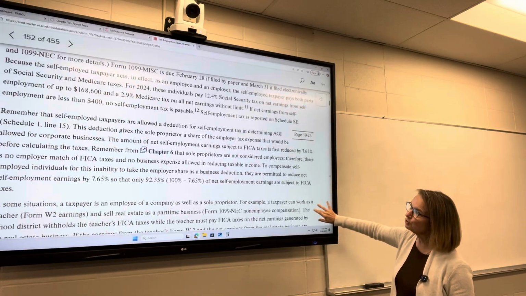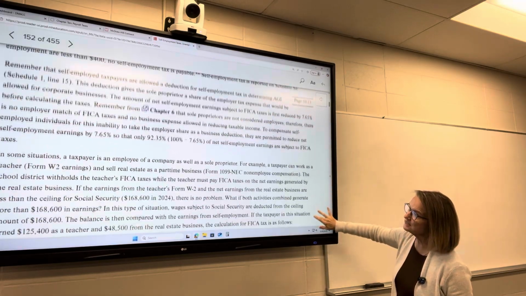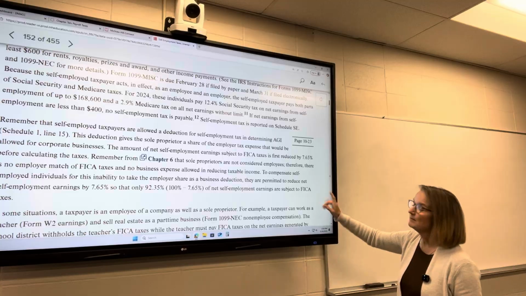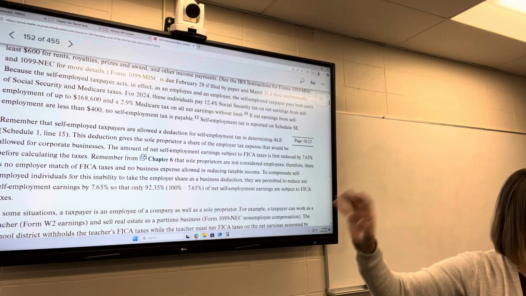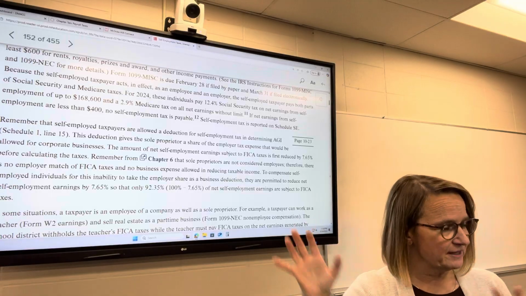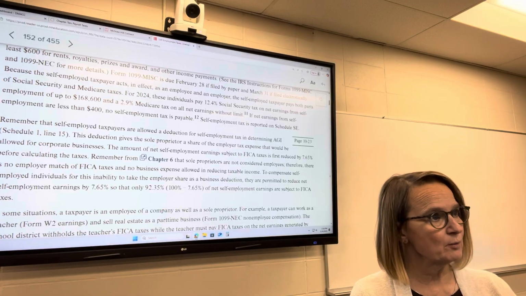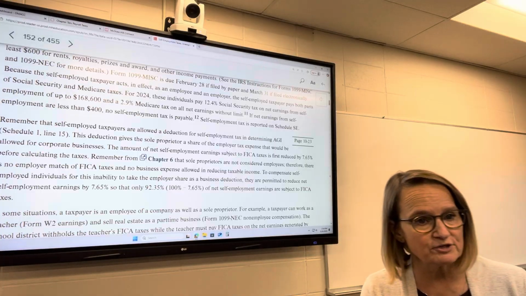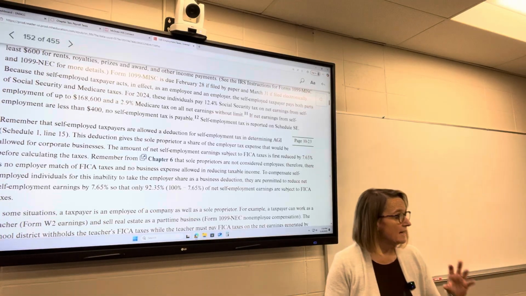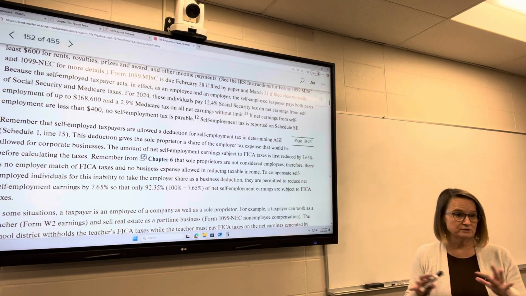So for self-employed taxpayers, they do get this. Remember when we did the calculation for self-employment tax, we went through how we get this initial deduction. Not all of our self-employment income is going to be subject to the self-employment tax.